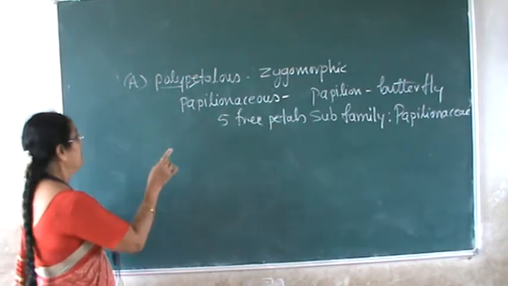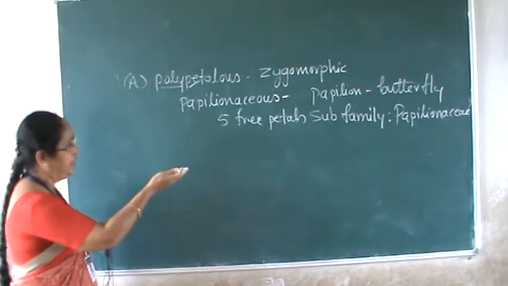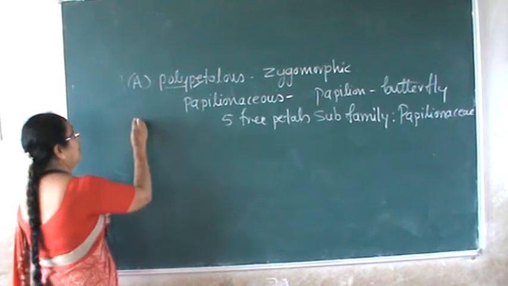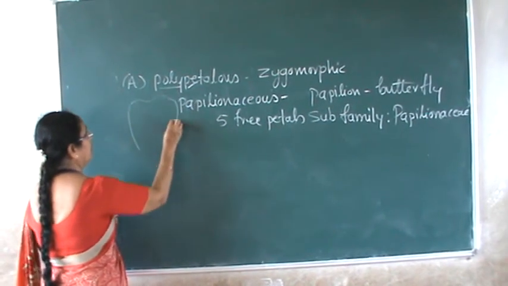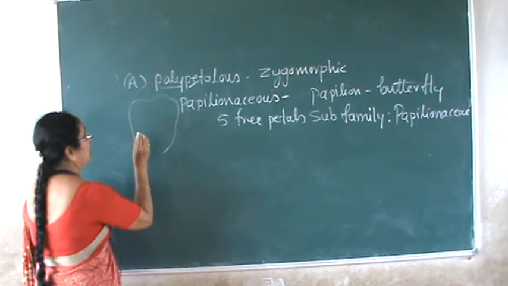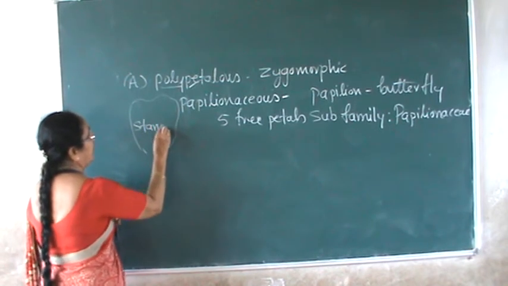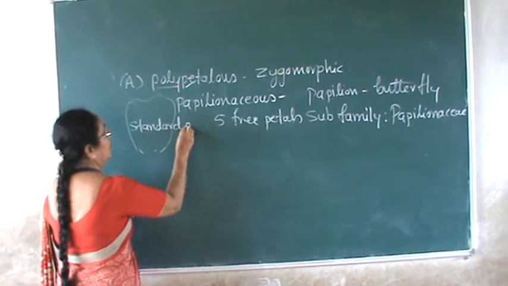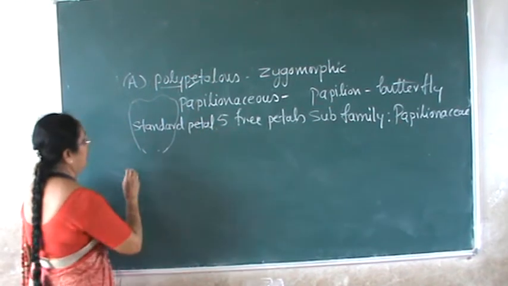And in this case, you have already taken the example for many words also. The flower is made up of one big petal, that is called as standard petal, or it is called as vexillum.